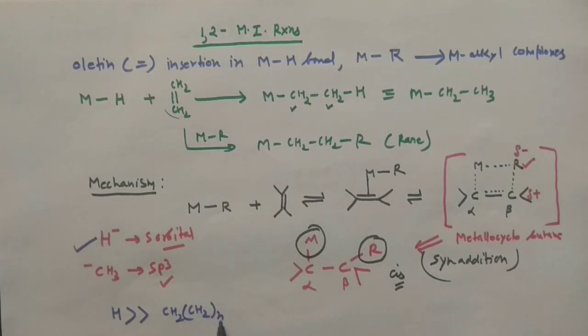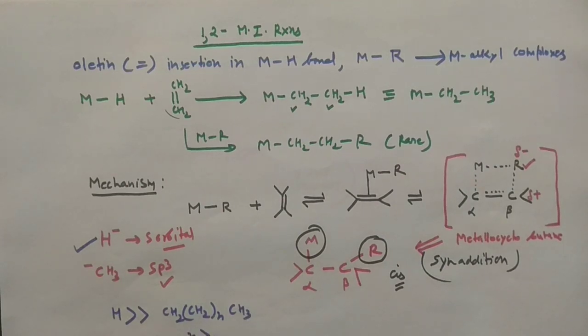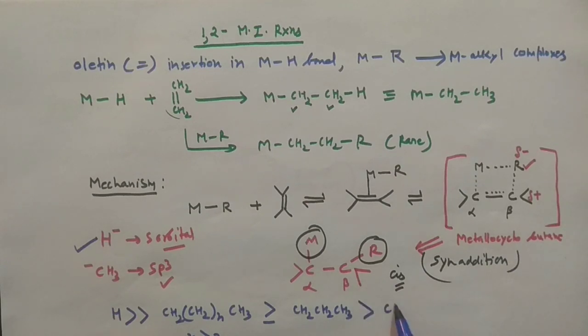So I am putting n here, this is CH3, and remember n would be greater than or equal to 2, and then you can go for propyl, CH2CH2CH3, and then for the methyl, and then for the ethyl.